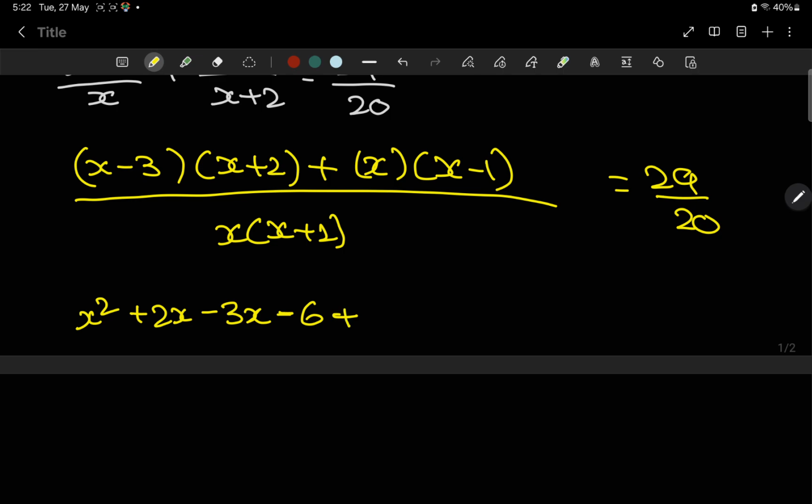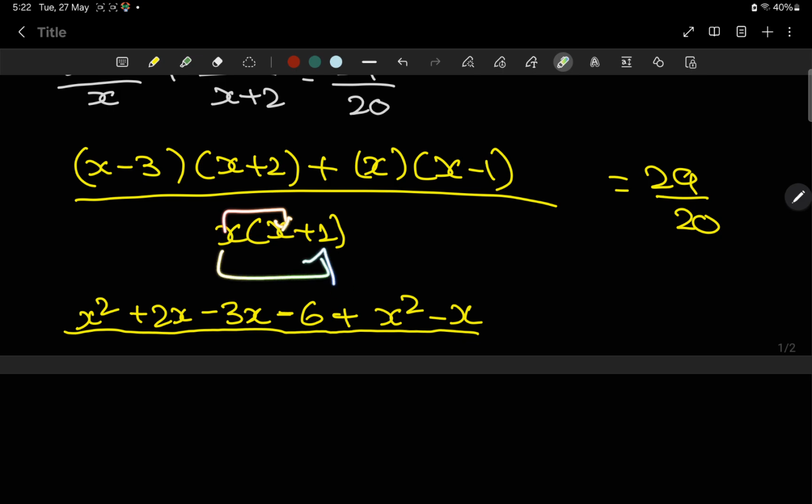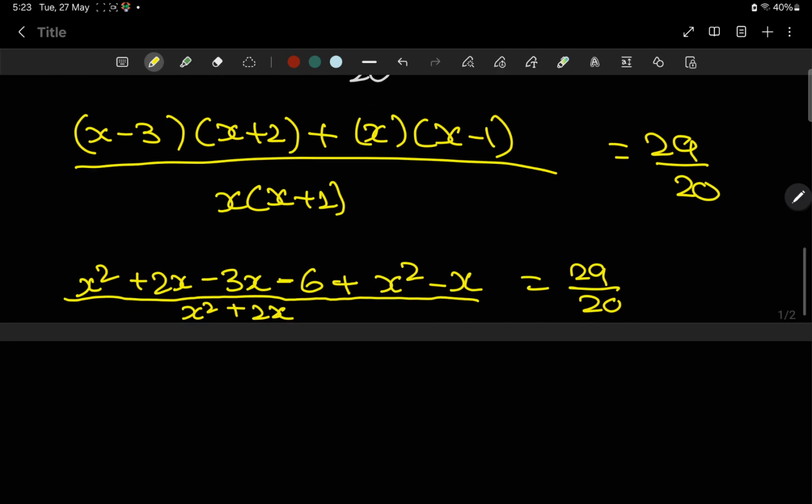Plus we multiply x with x minus 1, so it will be x square minus x, over x with x and x with 2 also, so it becomes x square plus 2x, which is equal to 29 by 20.